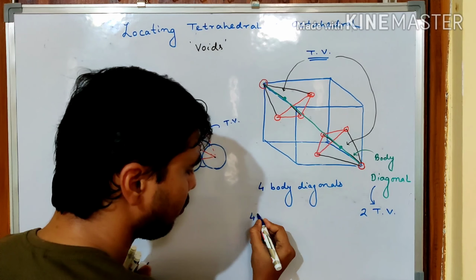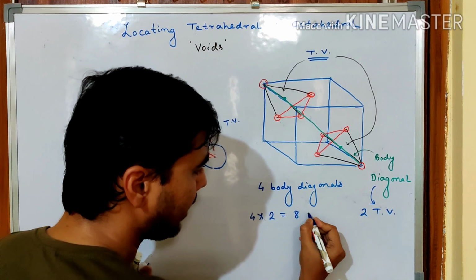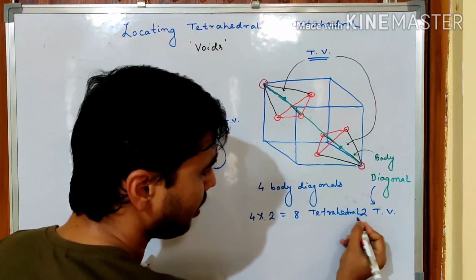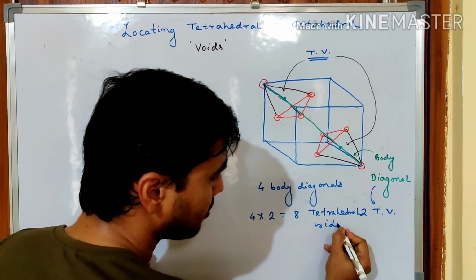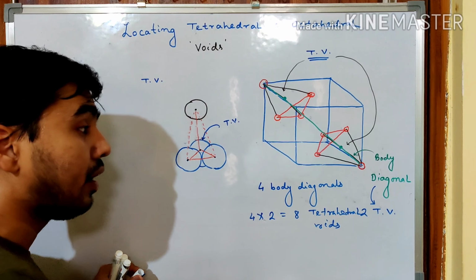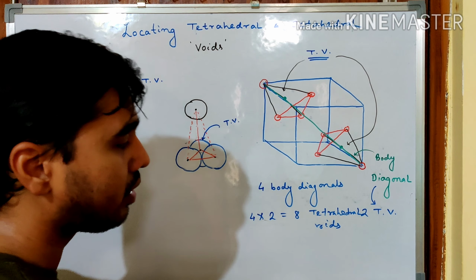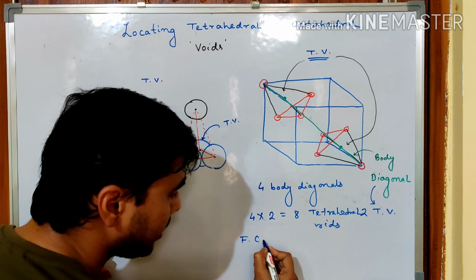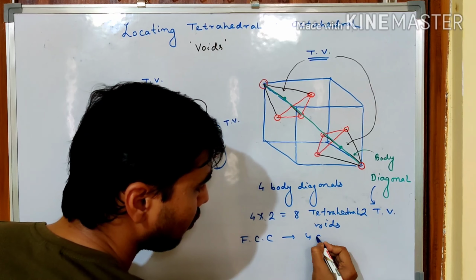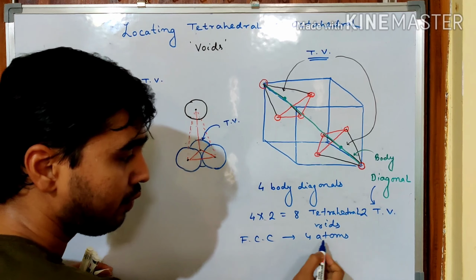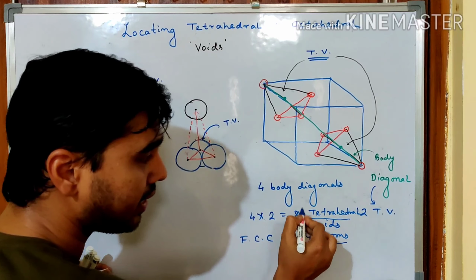So there are 4 into 2, 8 tetrahedral voids. And now in this FCC lattice, normally how many atoms are there? So FCC consists of 4 atoms. So if there are 4 atoms, there are 8 tetrahedral voids.